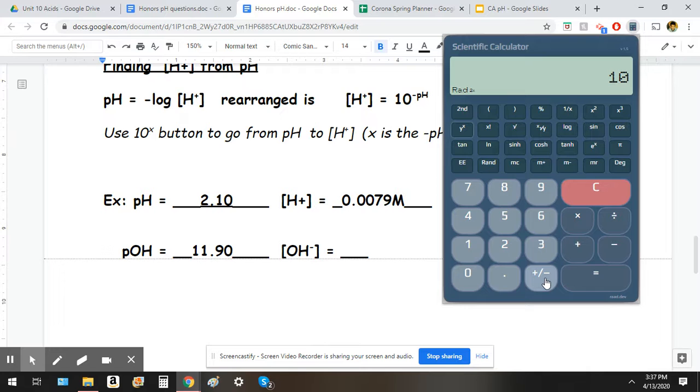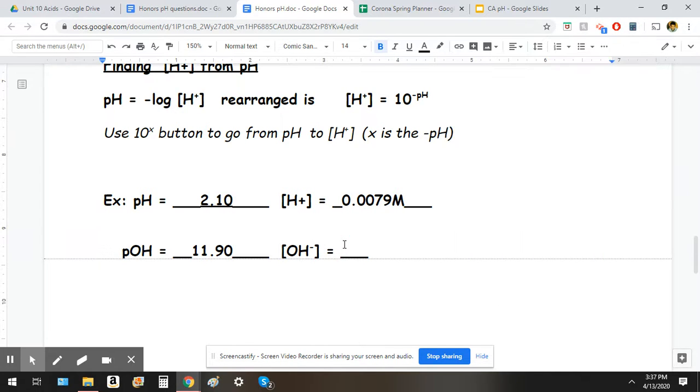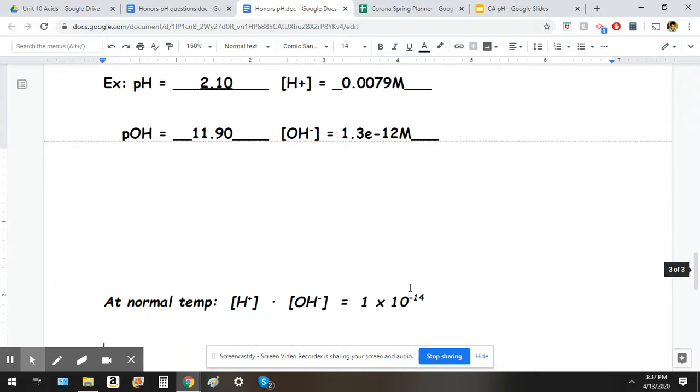And then I'm going to put in this exponent of negative 11.90. What does it say? Ooh, it's a really small number. 1 point, let's do two significant figures. 1 point, that's going to round up to 3. So 1.3 times 10 to the negative 12. I'll just write it as 1.3 e to the negative 12. And again, this is a concentration, so I need my units, molarity. Boom, easy as pie, right?